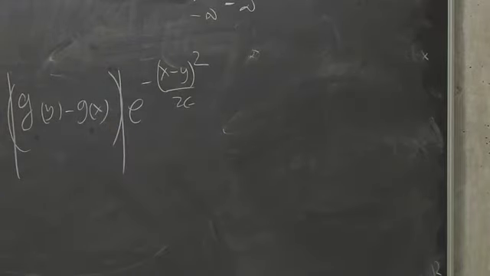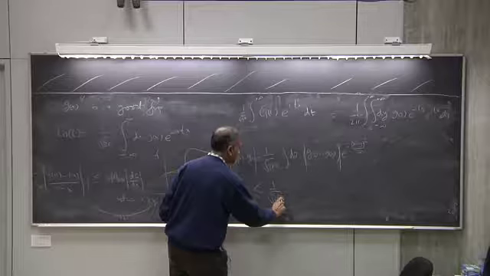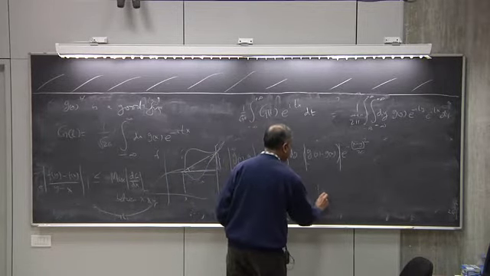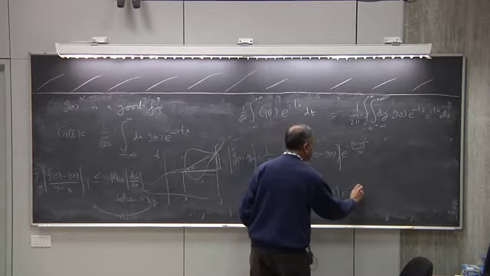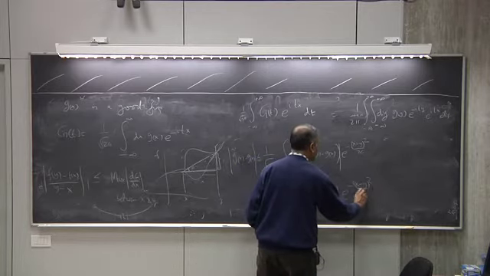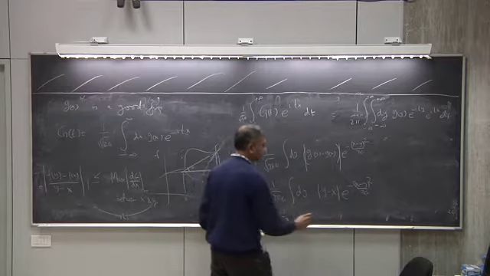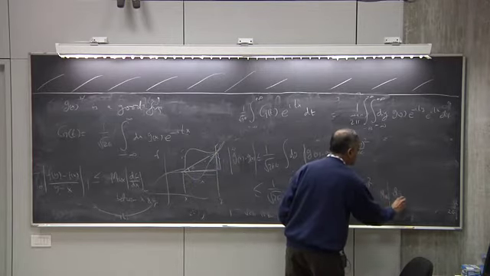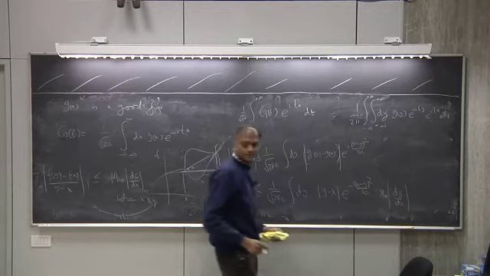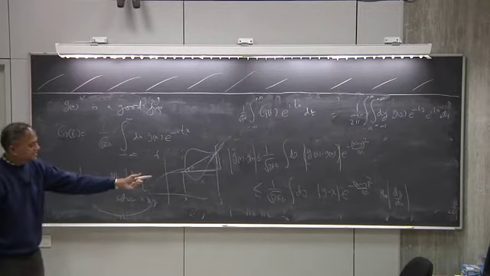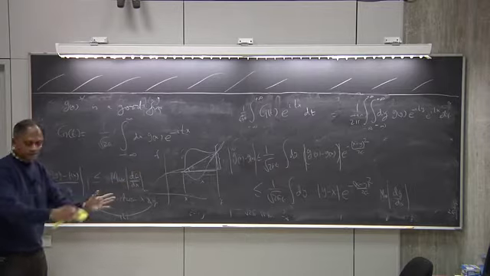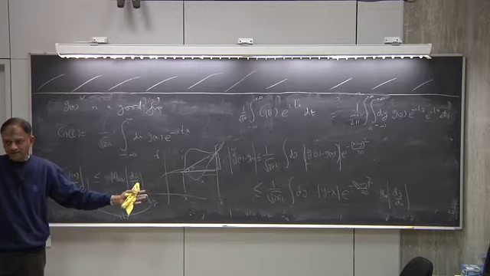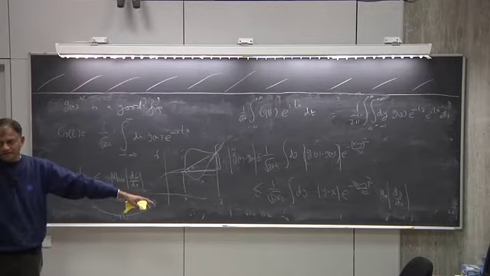So, this is less than or equal to 1 over root 2 pi epsilon dy, modulus of y minus x, e to the minus x minus y square over 2 epsilon, times the maximum of dg by dx. Okay, it says maximum of dg by dx between x and y, but I can as well say maximum of dg by dx for the entire interval from minus infinity to plus infinity, right?